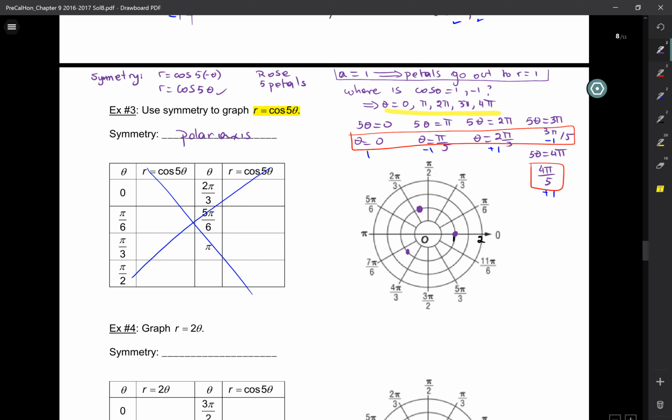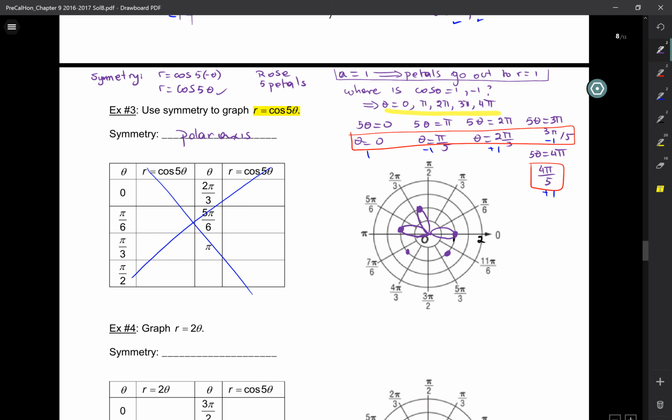Negative. So it's here. Okay, and then what's the next one? 4 pi over 5. 4 pi over 5 is just under a pi, and that's positive 1, so it goes over there. Okay? Now, once we do this, we do our petals.